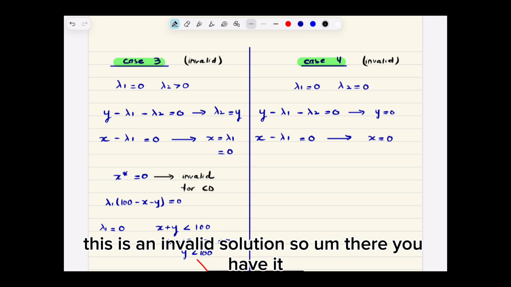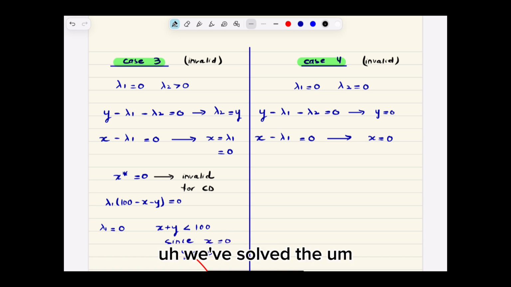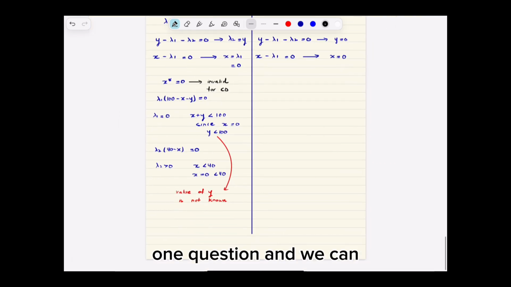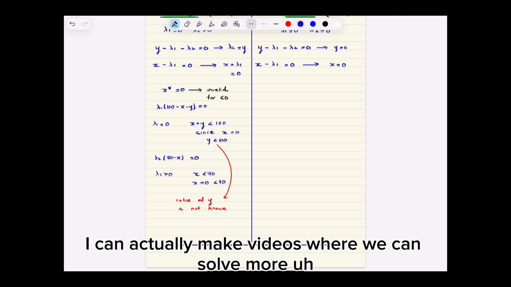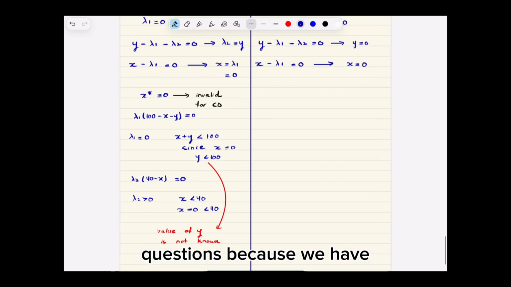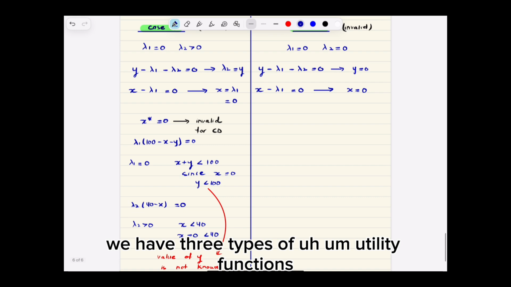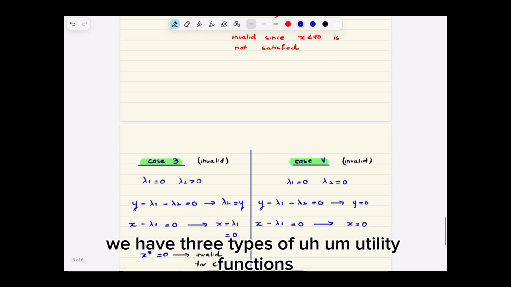So there you have it. We've solved the one question, and I can actually make videos where we can solve more questions, because we have 3 types of utility functions.